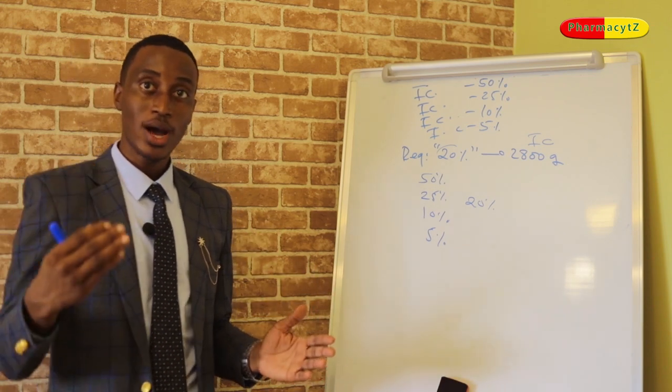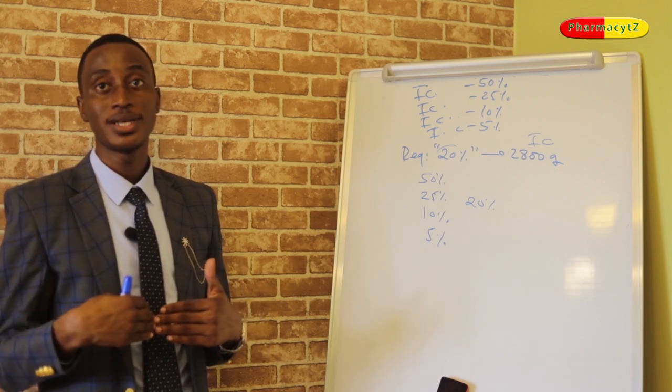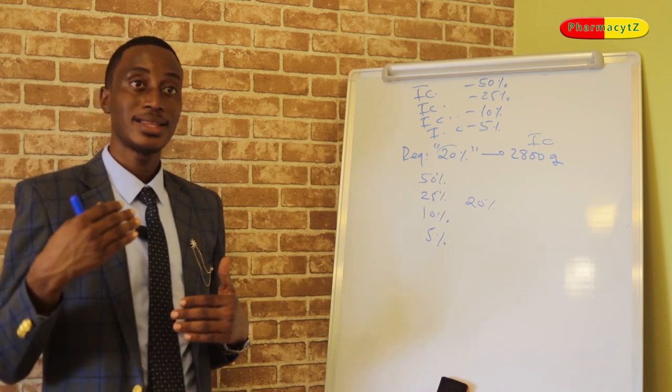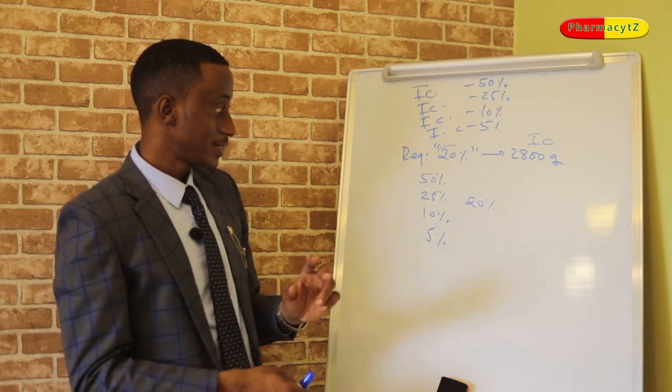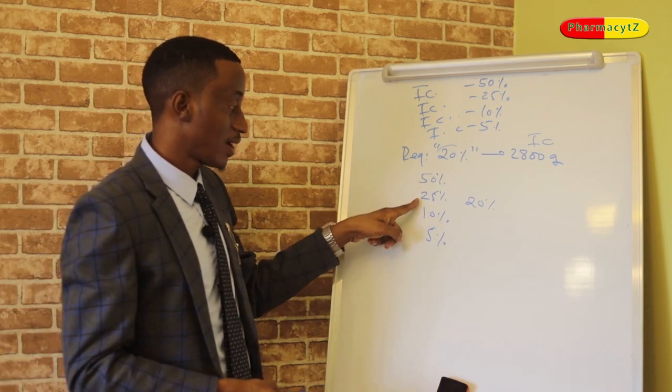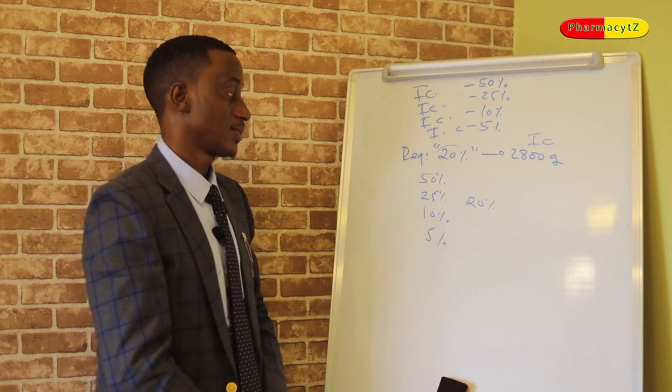Remember, the required percentage strength should not be lower than the lowest component, or higher than the concentration of the highest component. So if we decide to choose 50 and 25 and cross it with 20, then that is not okay.